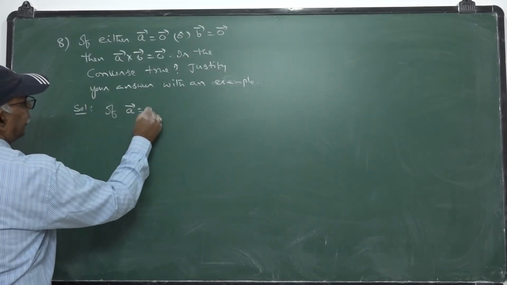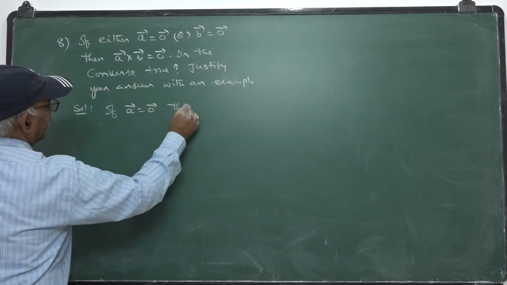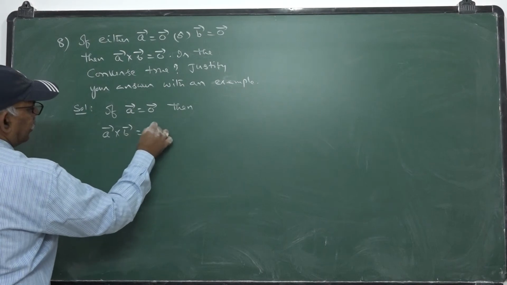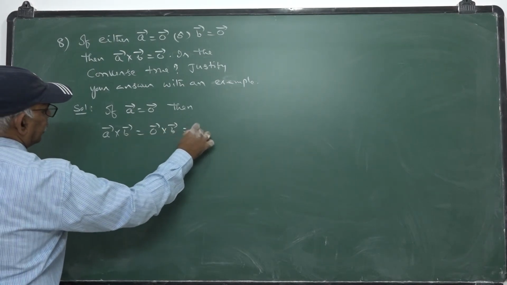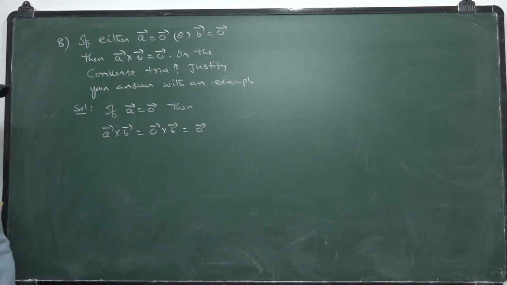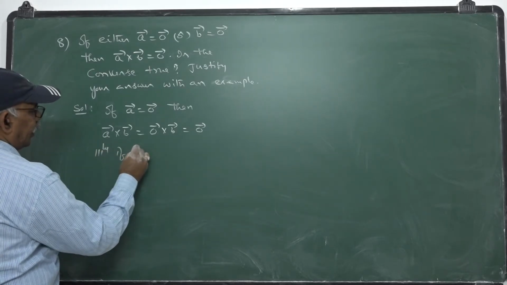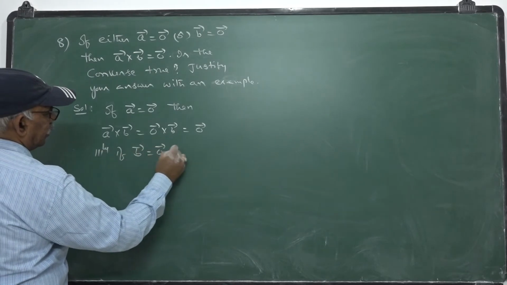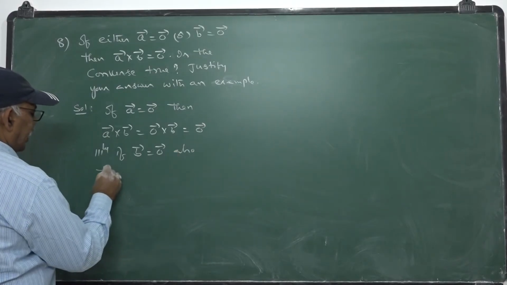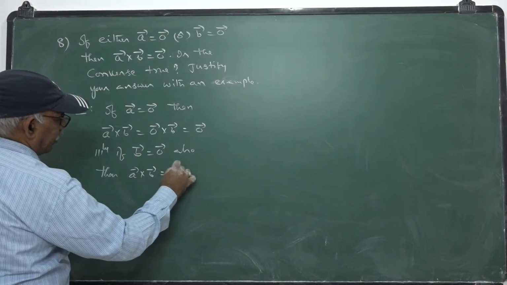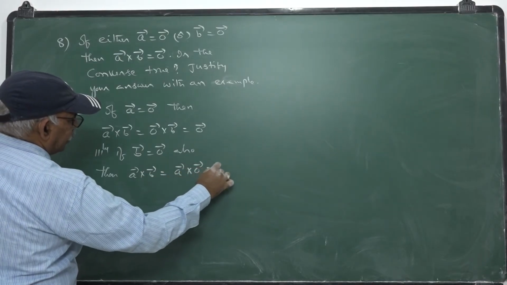If A bar is 0 bar, then A bar cross B bar is 0 bar cross B bar, which is 0 bar. Out of the cross product, if any vector is 0 bar, then the cross product is 0. Similarly, if B bar is 0 bar, then A bar cross B bar is A bar cross 0 bar, which is 0 bar itself.